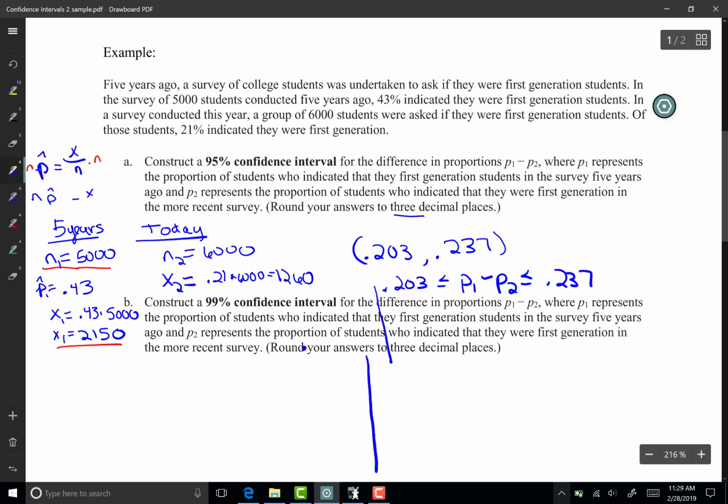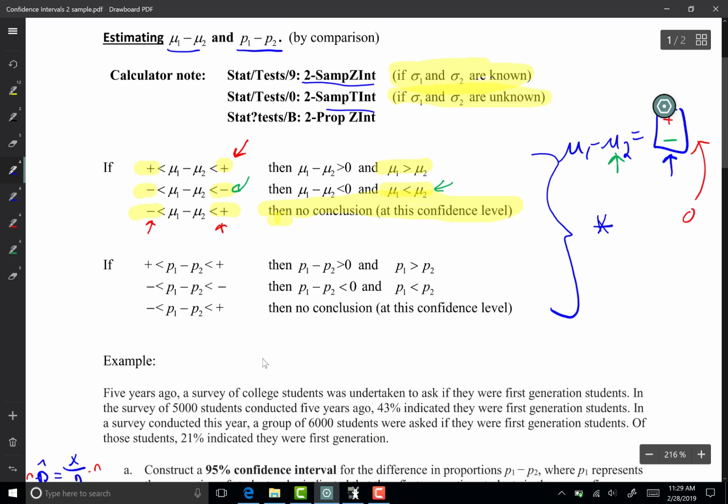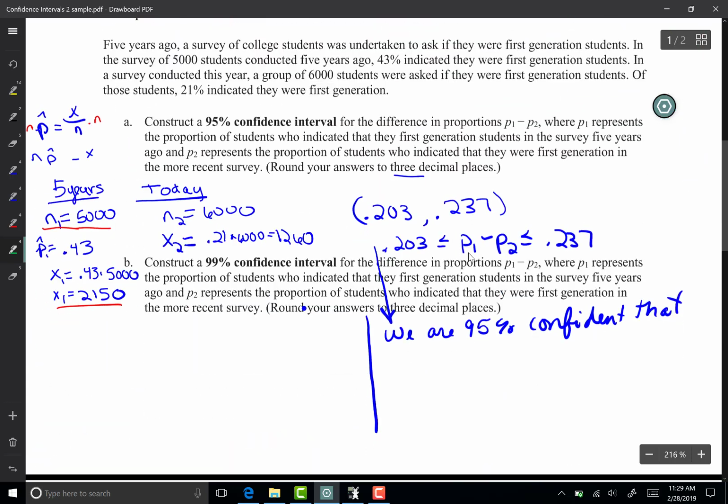Okay, I'm going to come down here and write my interpretation. We are 95% confident that, now, which one is larger, P1 or P2? So again, we have to look at if both of the numbers in our interval are positive, which in this case they are, that means that P1 is larger.